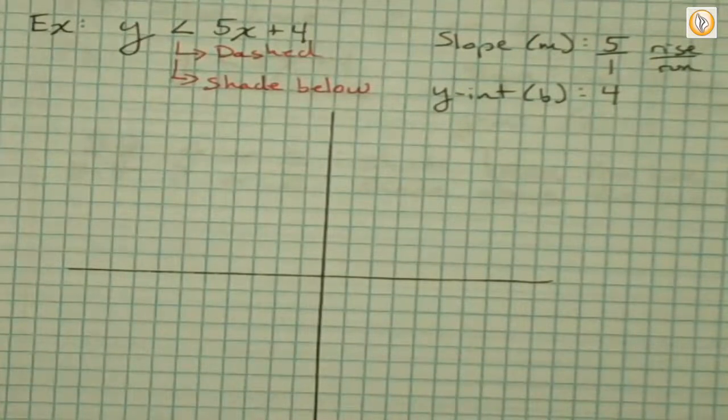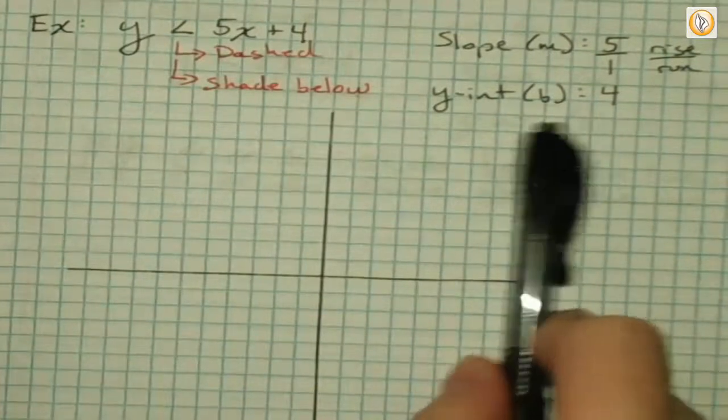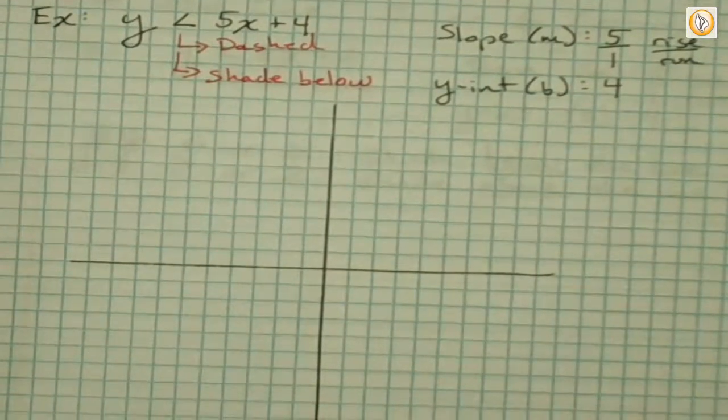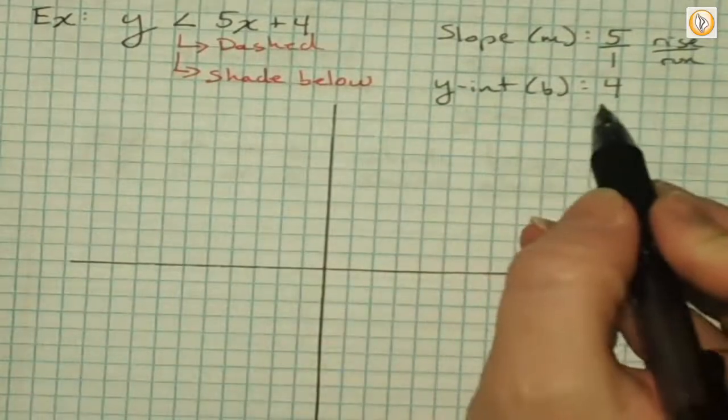Y. 4. Michael? 4. Gabby? Y-intercept. Aiden? Y-intercept. Taylor? Y-intercept. Whit? Y-intercept. Izzy? Emily? That's right. Y-intercept is the first thing that we plot on our graph. So the y-intercept is 4.